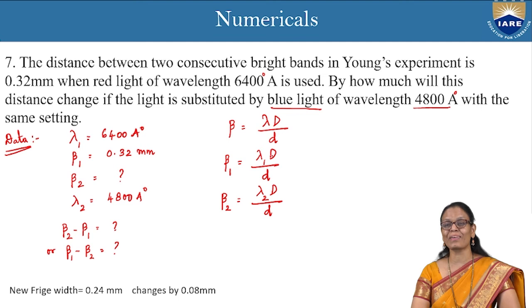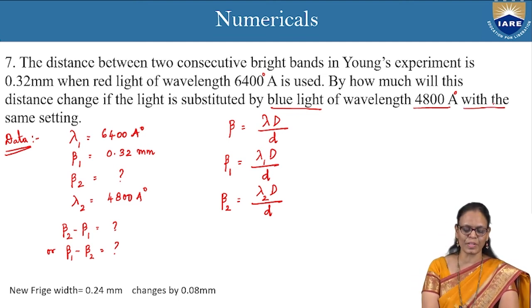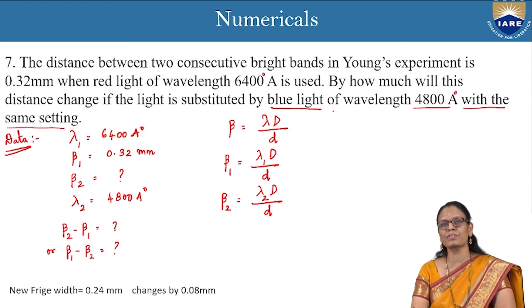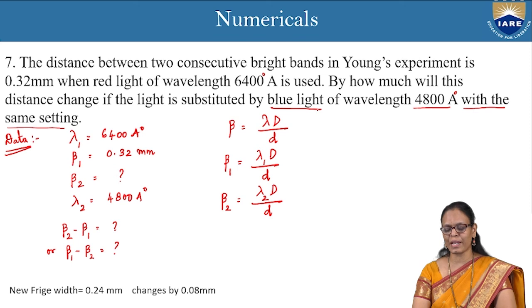I am not changing the values of capital D and small d because it is the same setup. They are only going to change the source, that is the red light is replaced by blue light, and we are not going to change the other parameters, either the distance capital D or the separation between the slits. So they remain the same.